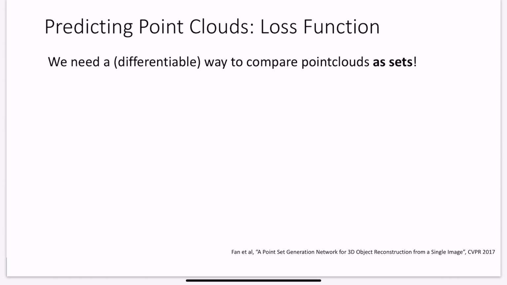Let's discuss the loss function for point cloud data. Because this is irregular data, we need a differentiable way to compare point cloud sets, like the Hungarian matching loss in DETR, as we discussed in the object detection part.